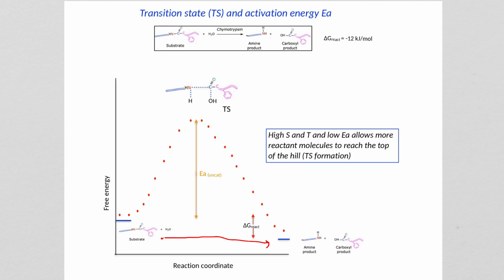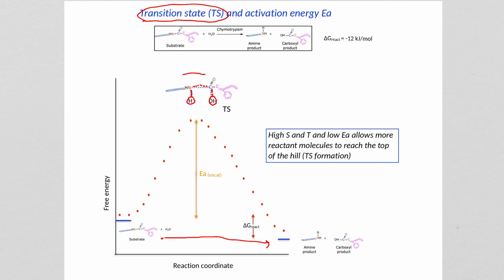there must be some sort of a transition state form where the peptide bond is almost broken, not really, and the hydrogen of water is connected to the nitrogen, and the hydroxyl of water is connected to the carboxyl.